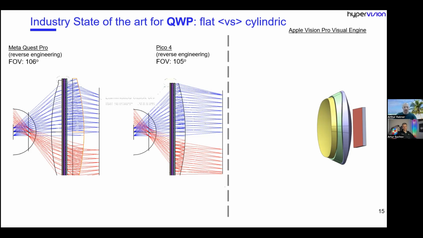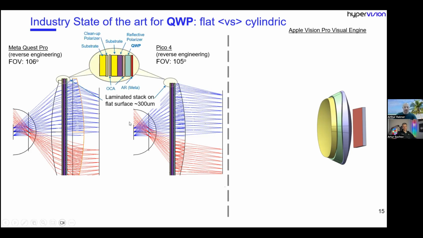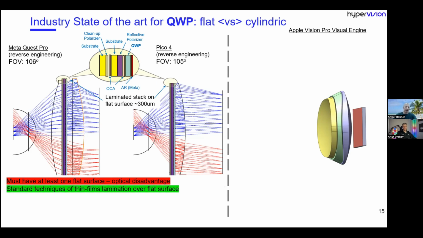You have here a cleanup polarizer, then a reflective polarizer and a quarter wave plate, and a lot of substrates in between. So these thin films create a thick film stack. Now the disadvantage of that, when you have to make a flat surface, you cannot optimize optical performance here. But it's a standard process, so the costs are not so high.